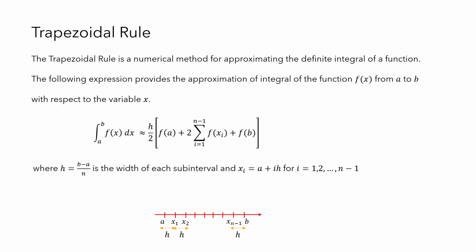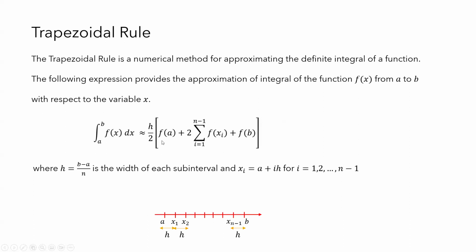That means if we have a function called f of x, we are integrating it with respect to x from a to b. This is a definite integral because we have some boundaries for the function when we integrate, and it is approximated by this expression over here.